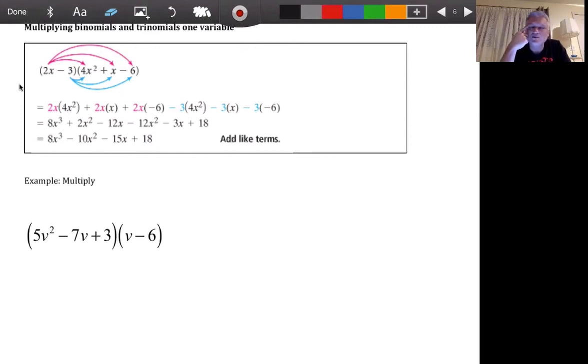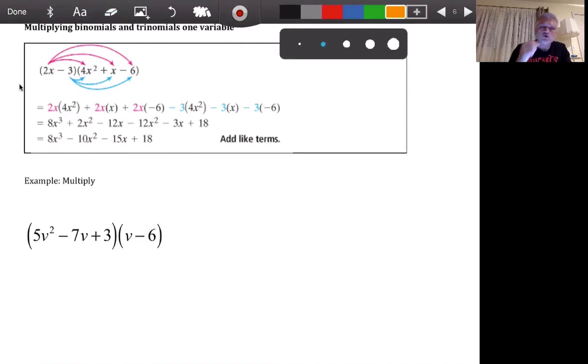But FOIL is maybe a cool little acronym, but all it is is the distributive property twice. And FOIL only works when you have a binomial, 2 terms, times another binomial. So for those of you that don't even use FOIL, this is going to be a piece of cake. For those of you that like FOIL, you can keep using it. Just understand that it only works when you have 2 terms times 2 terms.